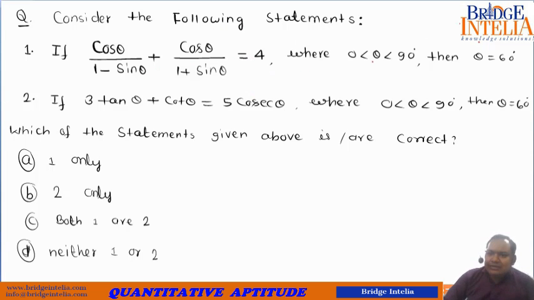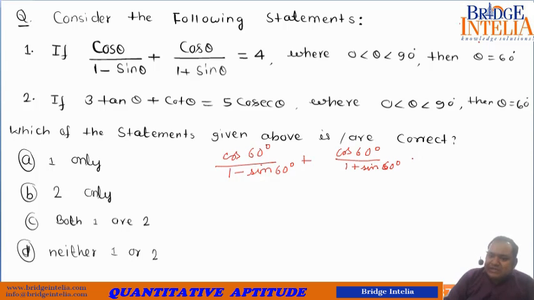So let's do that. Instead of theta, we simply assume theta to be equal to 60 degrees. So the first statement tells us cos 60 degrees by 1 minus sin 60 degrees plus cos 60 degrees by 1 plus sin 60 degrees.